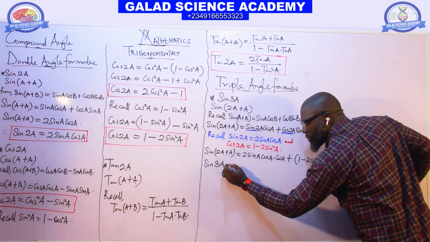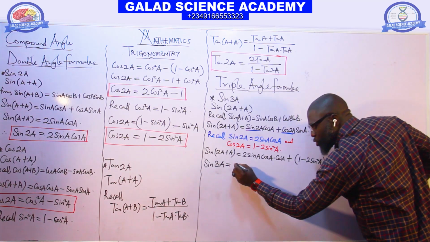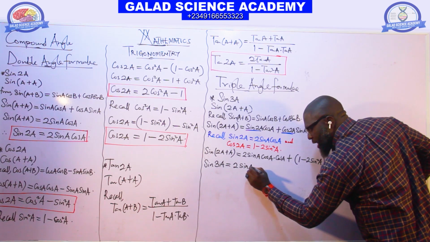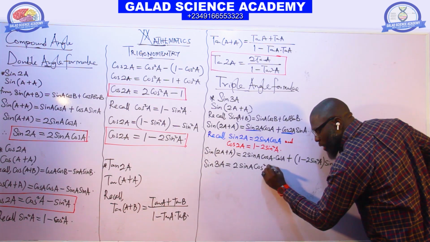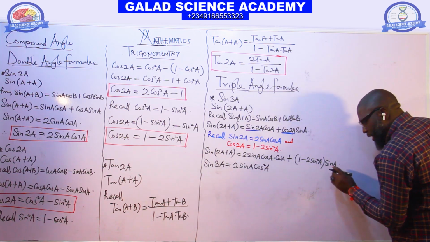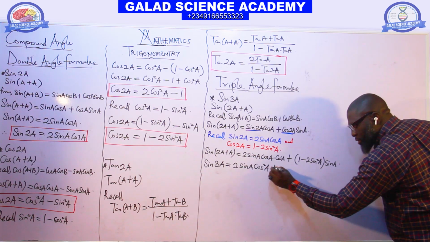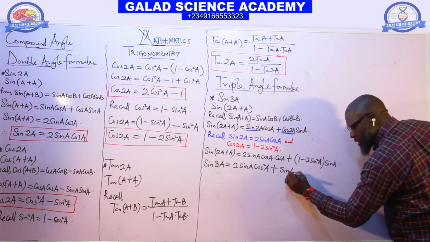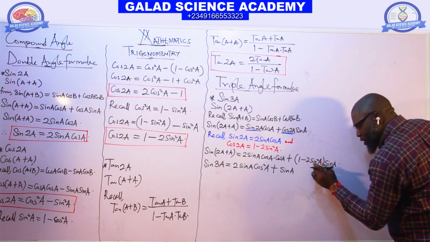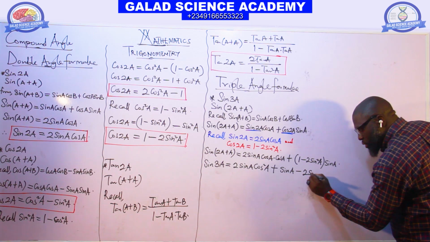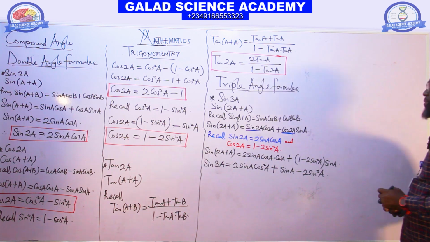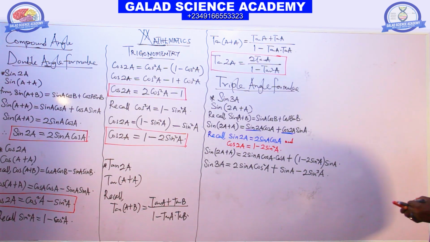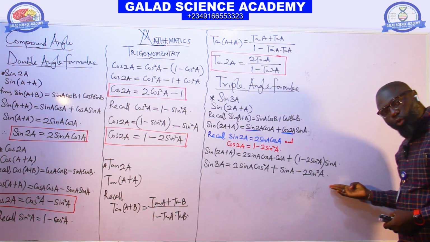So this time sine 3A will be equal to 2 sine A cos A times cos A, which gives us cos square A. Expand this: plus sine times 1 is sine A, sine times minus 2 sine square is minus 2 sine cube A.